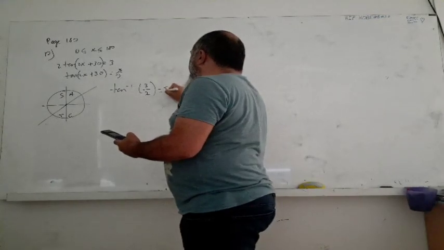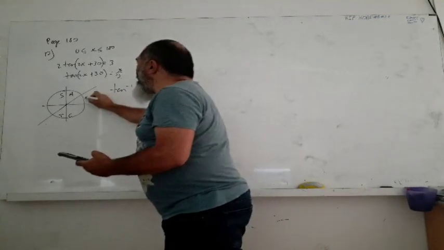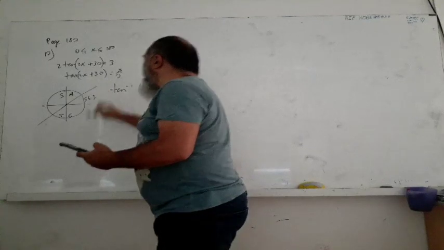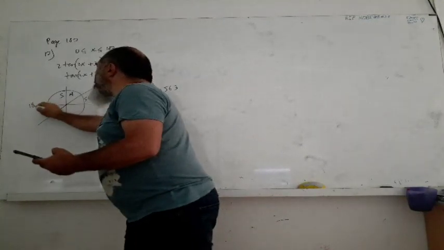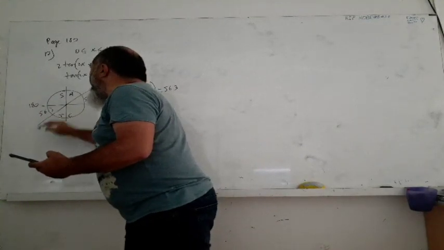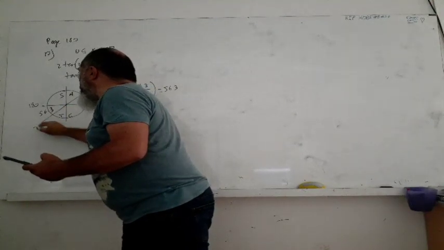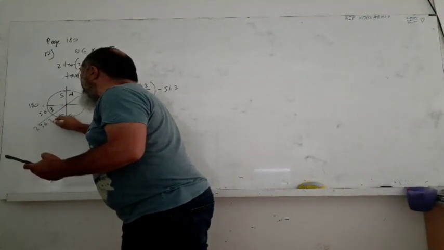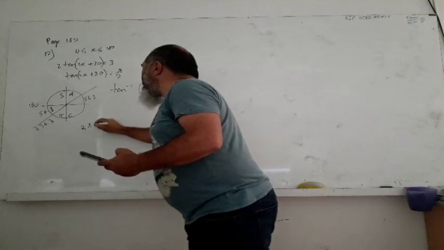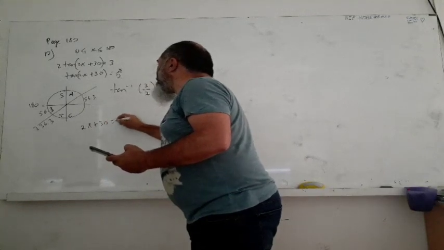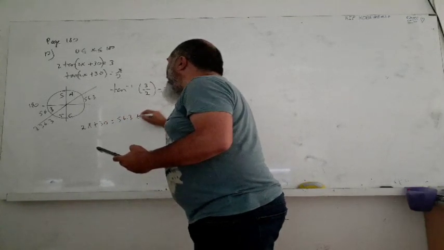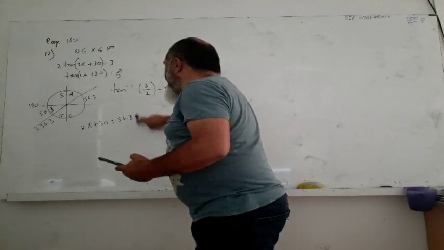So we have 56.3, and this is 180 plus 56.3. We are going to have 236.3 there. So 2x plus 30 is equal to 56.3 and 236.3.